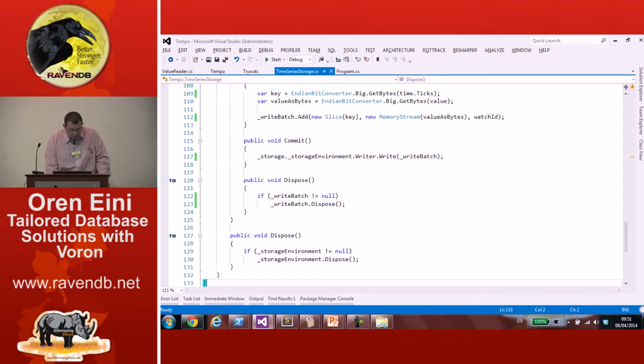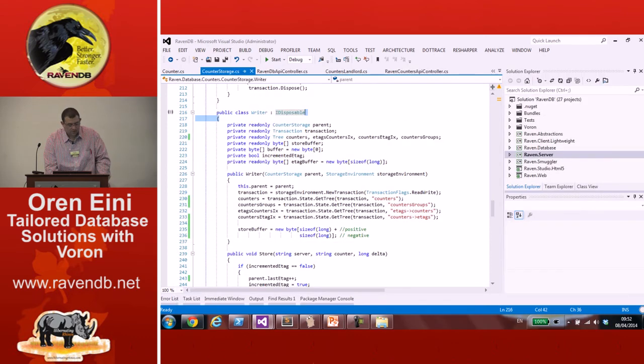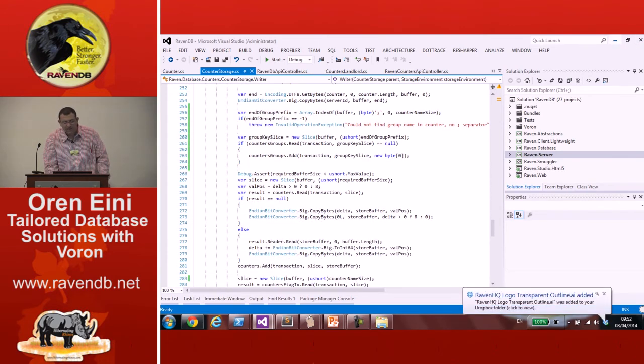I can show you. Yes, we are doing that very frequently. So you can see what we did yesterday with the counter storage. It's a lot more involved. It has multiple trees and a lot more work. But it does things very nicely and relatively efficiently.